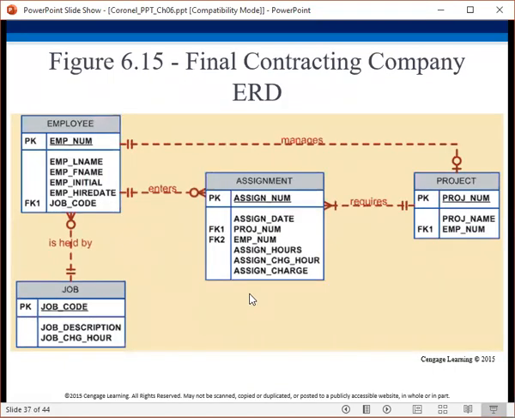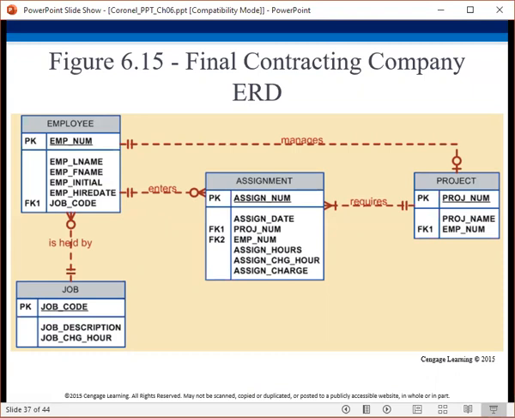Here we have in the place of that a junction table assignment that instead of having a many-to-many has two one-to-many relationships. And we discussed the need for doing this because relational databases don't have a mechanism for a direct many-to-many.